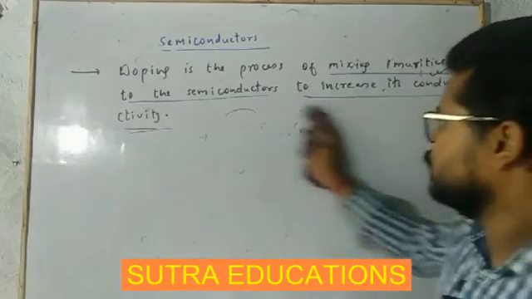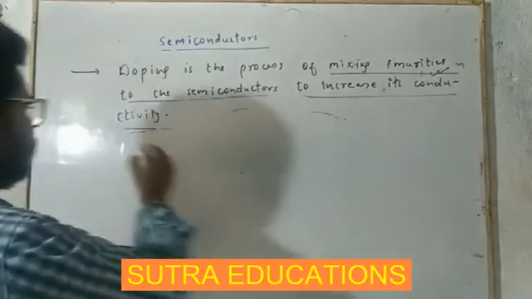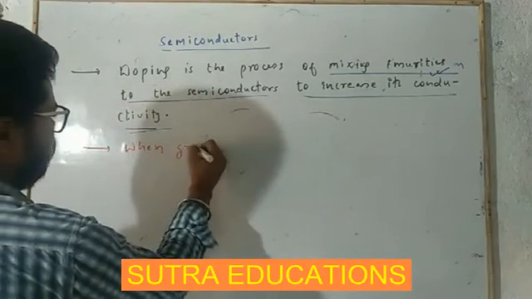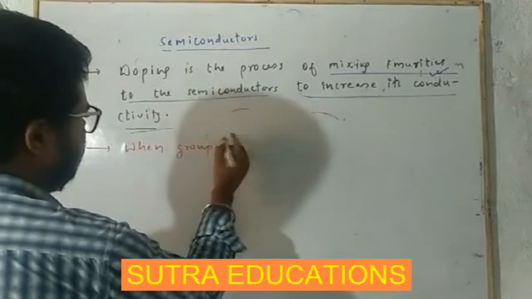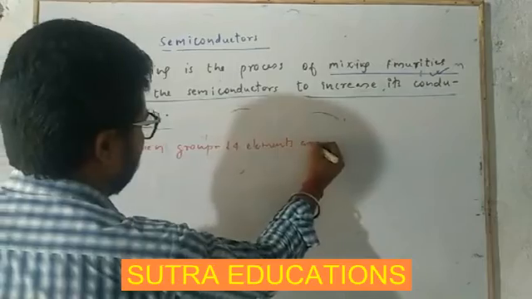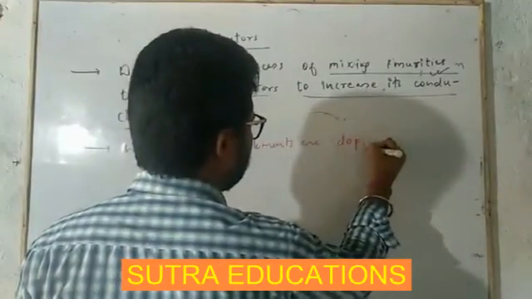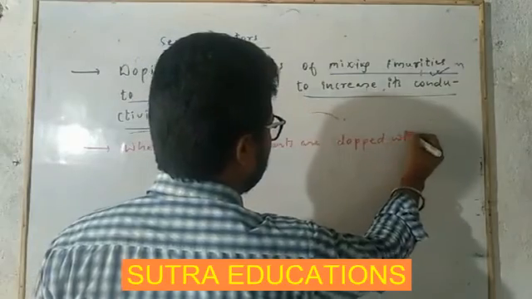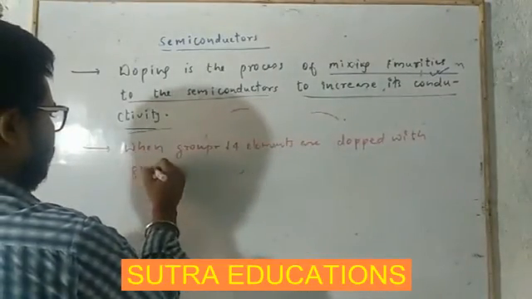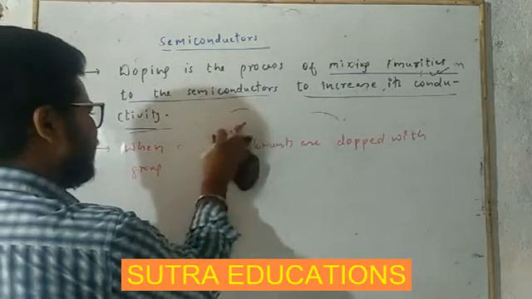So put the heading: when group 14 elements are doped with group 15 elements, or group 14 we simply call semiconductors.